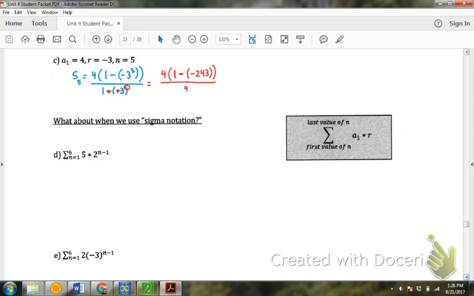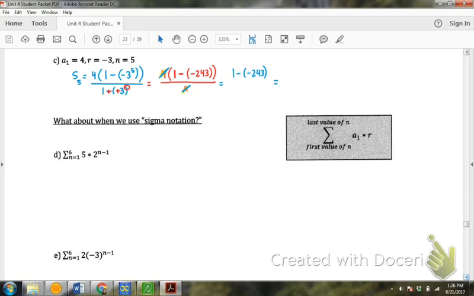So let's make life a little bit easier. You guys see I have a 4 on top and a 4 on bottom? We can cancel those out. So now I just have 1 minus negative 243. What is 1 minus negative 243? Plus, plus, right? You change the signs. Oh, I thought we couldn't do that to this one.